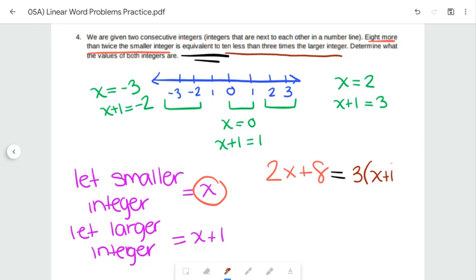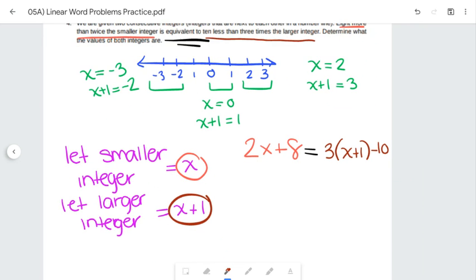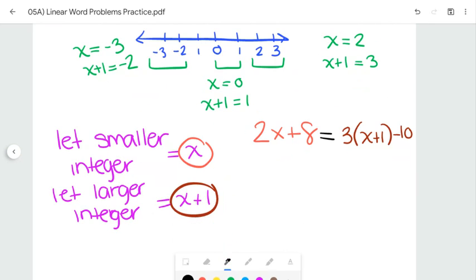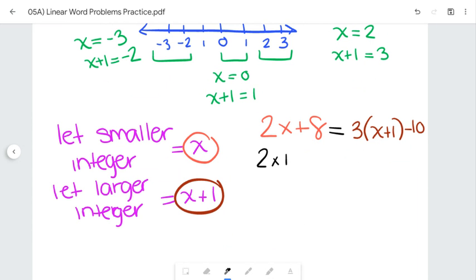But the larger was this x plus 1. So 3 times that whole thing, x plus 1, minus 10. And now we're going to just go through and solve this. So we'd have our 2x plus 8 equals 3x plus 3. Subtract 10.